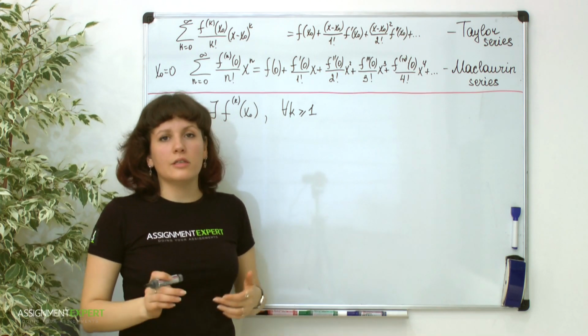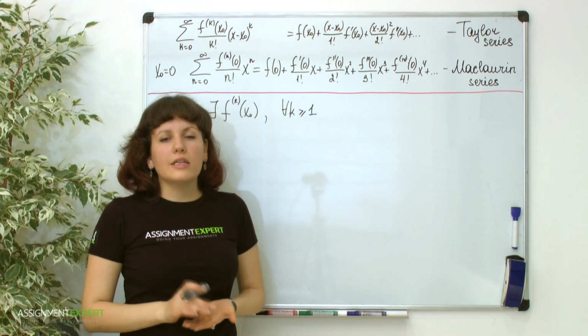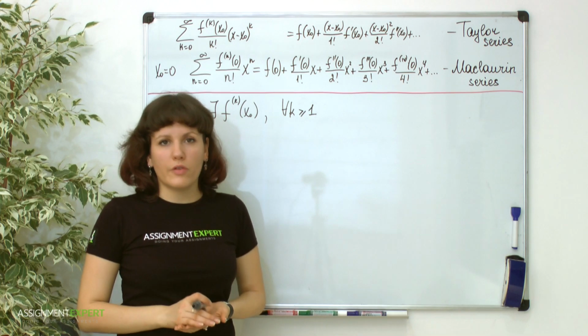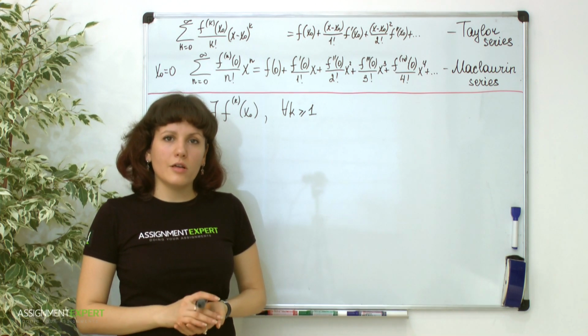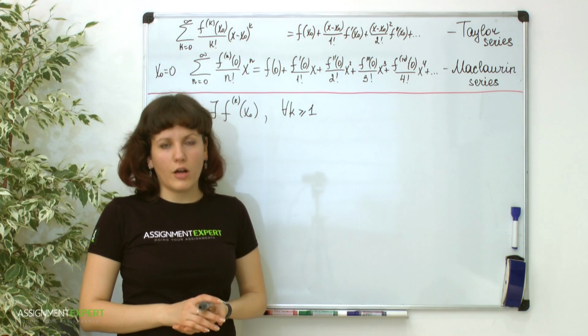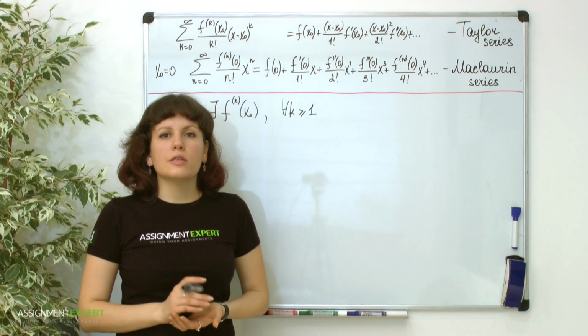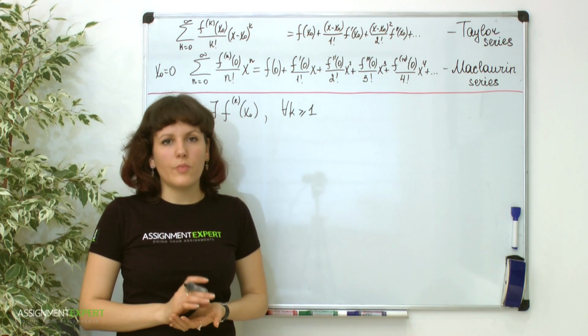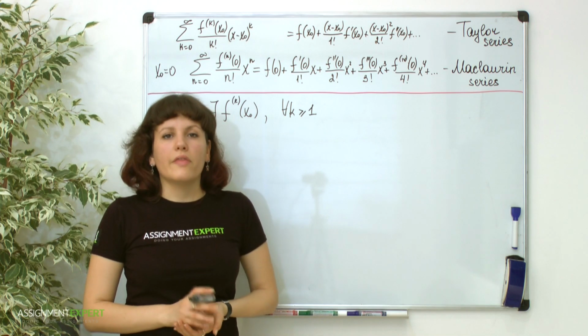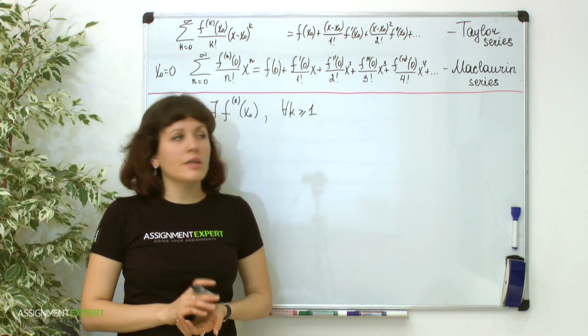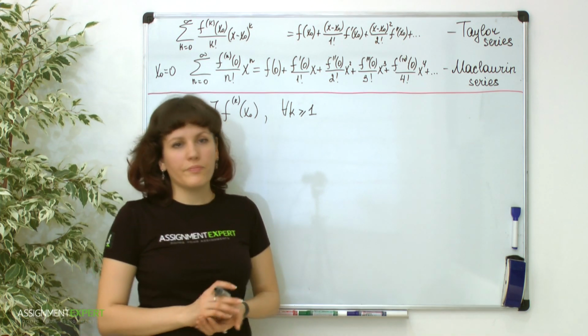Not for any function Taylor series converges. The idea is that in certain cases, not all the time, you can rewrite your function as an infinite sum of power functions, and you can only do it in some tiny neighborhood of the fixed point of your choice. The ideas discussed above can be summarized by the following theorem.